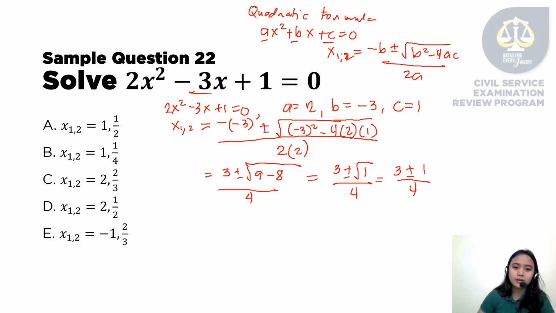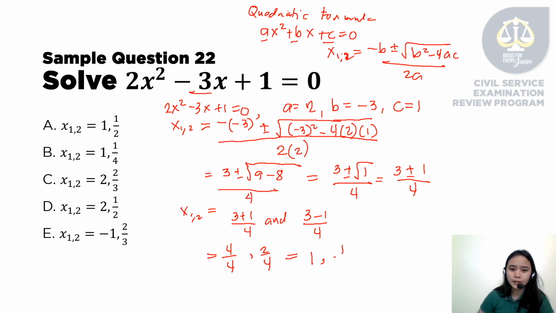So, nagkaroon tayo ng 2 factors. Ano yung 2 factors natin? That is 3 plus 1 over 4 and 3 minus 1 over 4 kasi positive negative yan. Simplifying, meron tayong 4 over 4 and 3 minus 1 ay 2 over 4. That is equal lang sa 1 and 1 half.